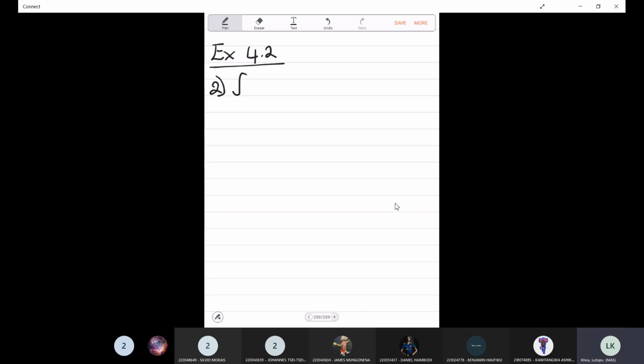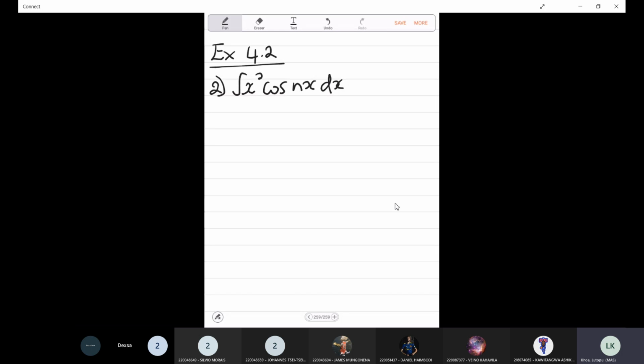In 2, we have to integrate x squared cos nx dx. So n over here is a constant. Okay, so again here, we can practice using our short method, but writing u, du, dv, and so on is perfectly fine.